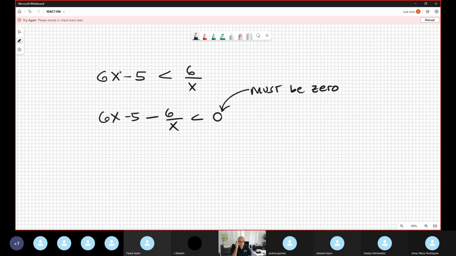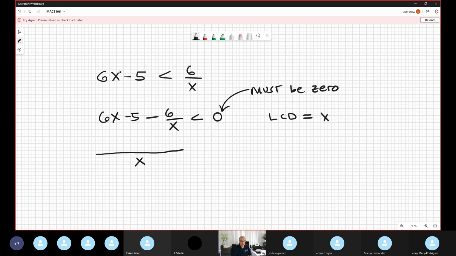You find the LCD, or no? What is the LCD in that case? What is the only expression that we have in the denominator? X. So why not? You can condense everything using x as our LCD, because the only expression that we have in the denominator is x.